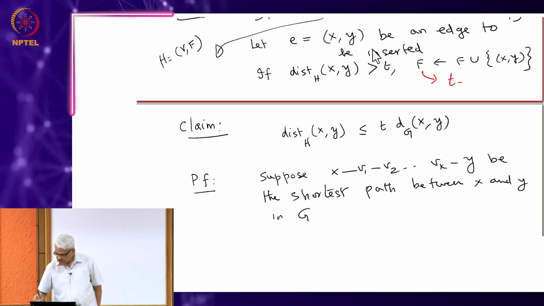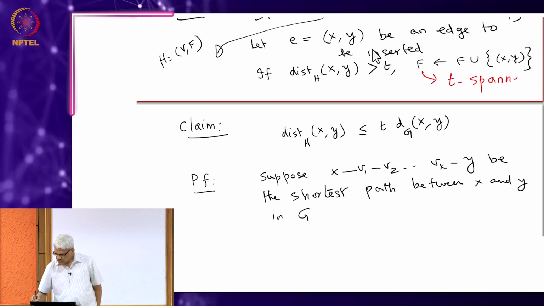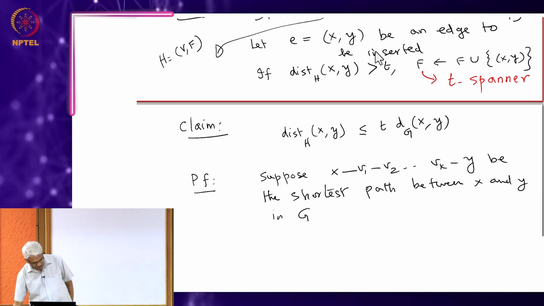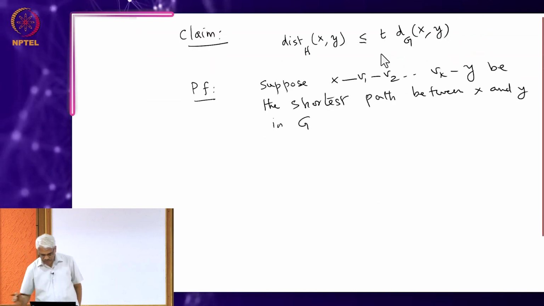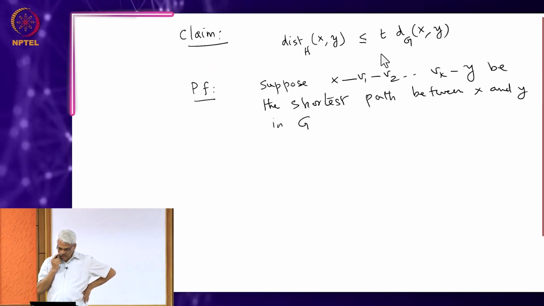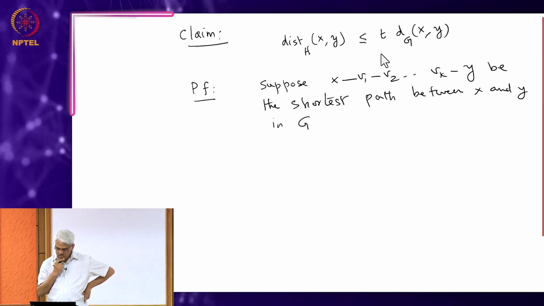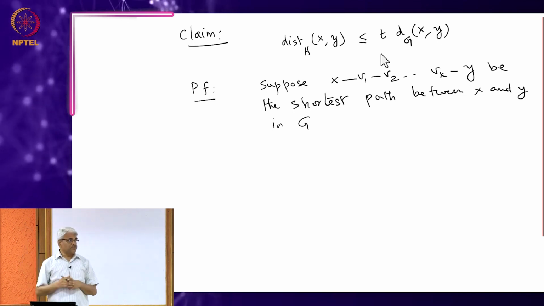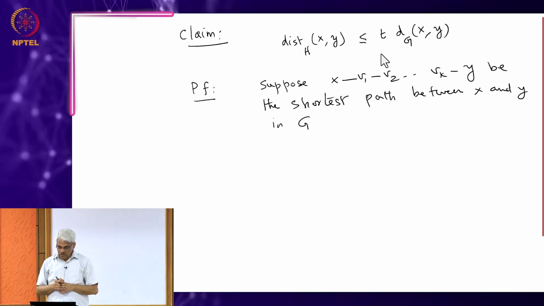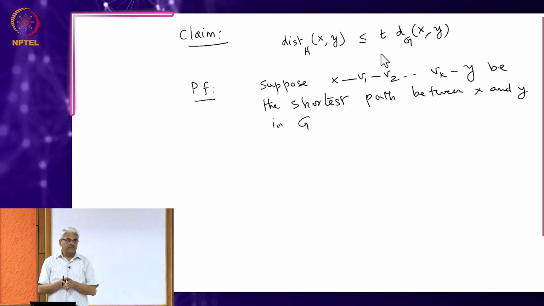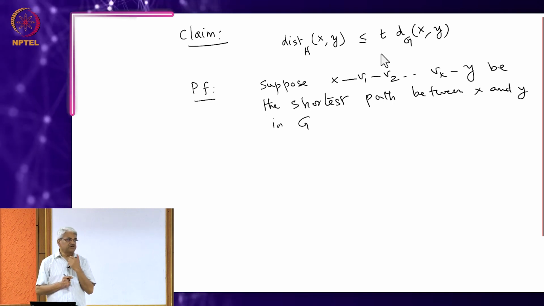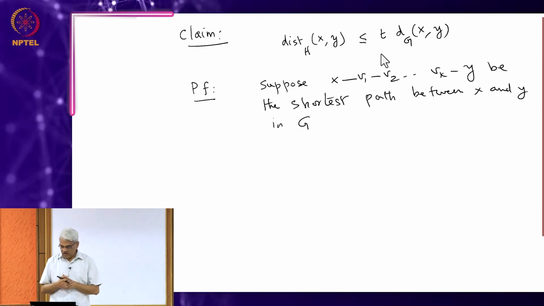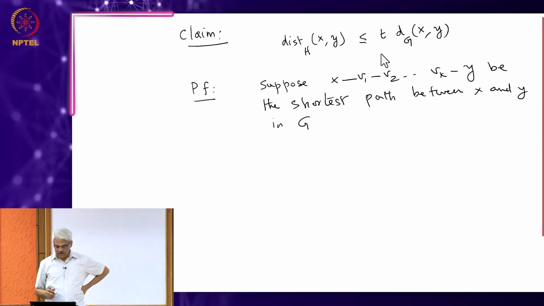You might see this word. So in the original graph, suppose this is the shortest path between x and y. Will the same path exist in H? May or may not. If it exists, good, I already have the shortest path in H. Suppose some edge of this is missing in H.